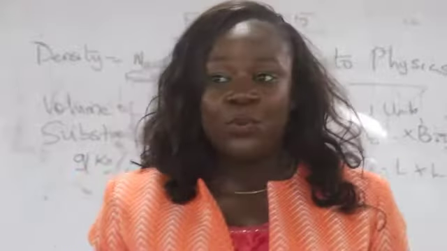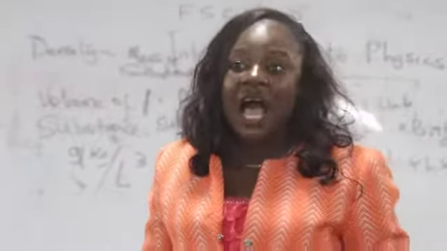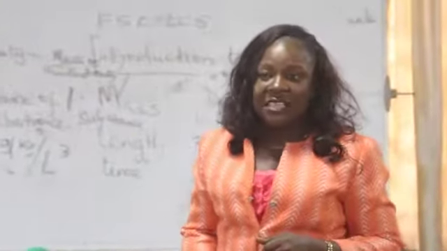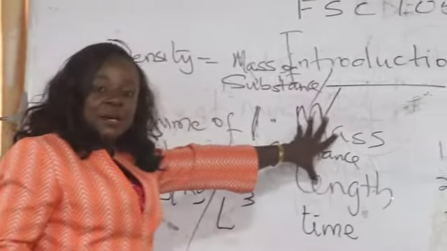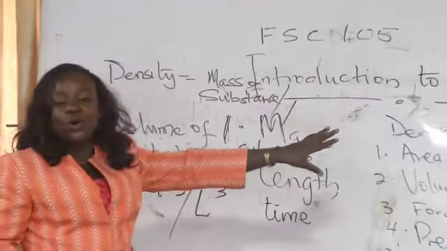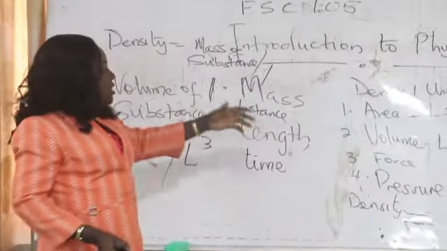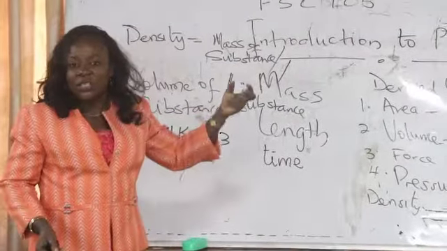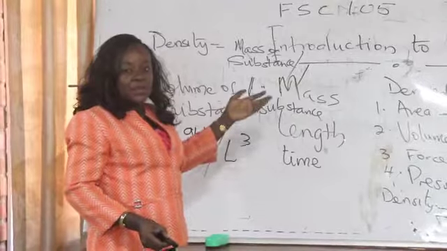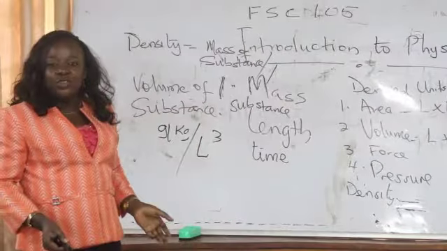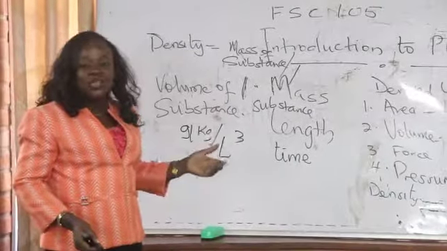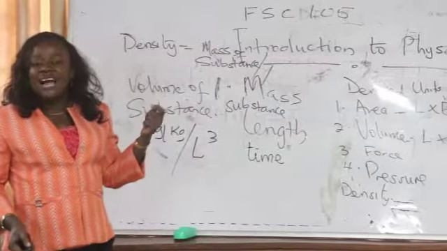Before we conclude the class, let's quickly go over what I have taught you. We defined the fundamental units and also the derived units, and we said we have physical quantities. The physical quantities can be categorized into either fundamental units, also called the basic units, or derived units.